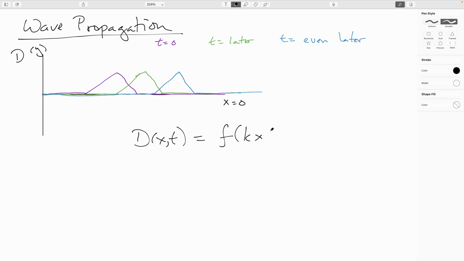And I'm going to write the argument of it kind of weird, but I will justify why I am doing that. So this is just any old function f. Does not matter what it is. x is my position, t is my time.